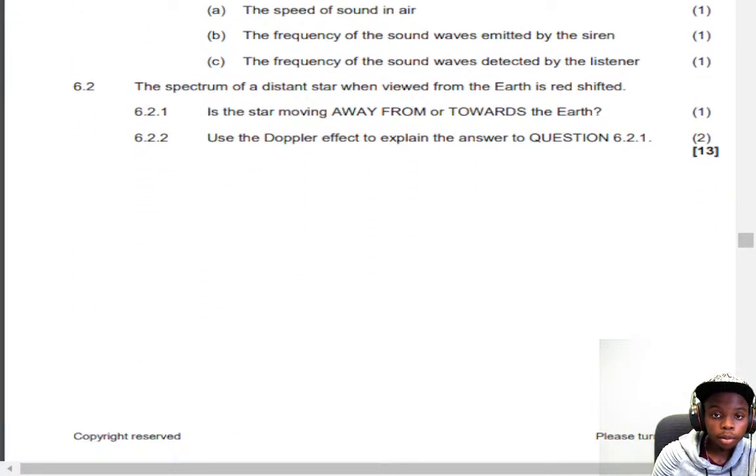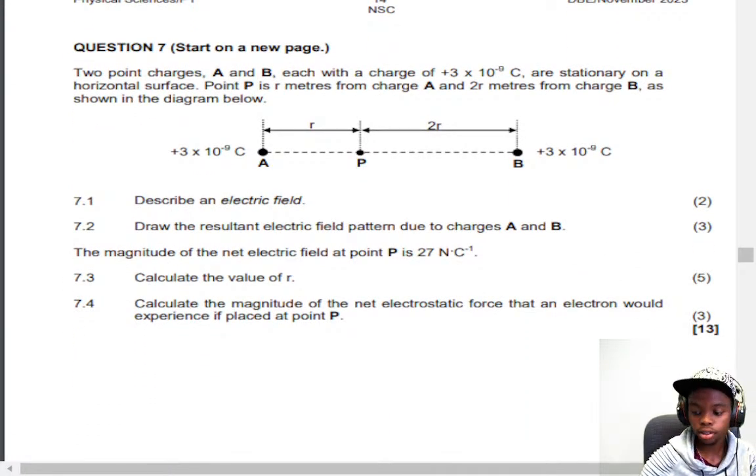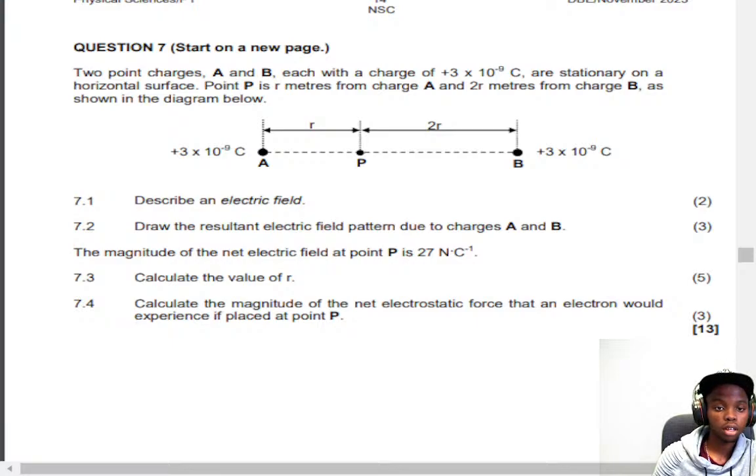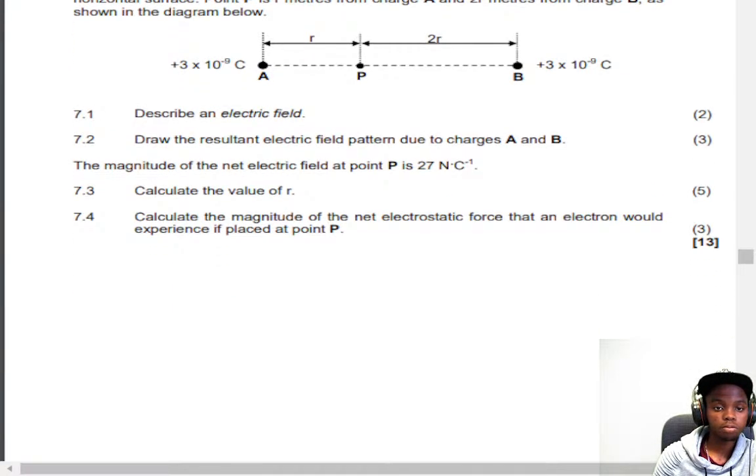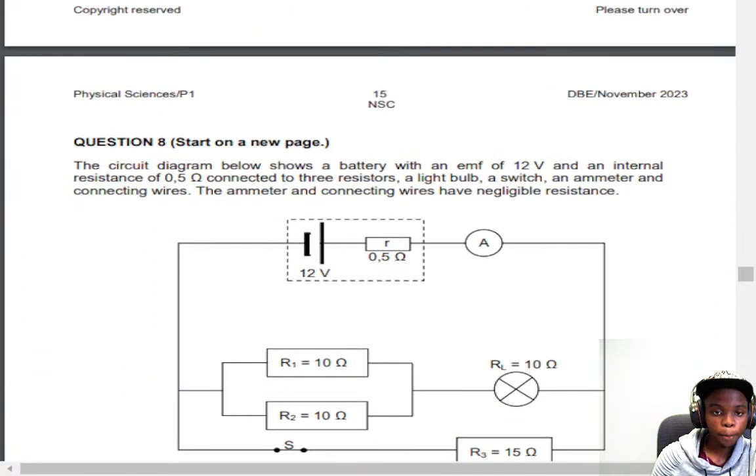Oh, and then you pass. Question 7, electric field. That's another 2 marks. And then you pass question 7.